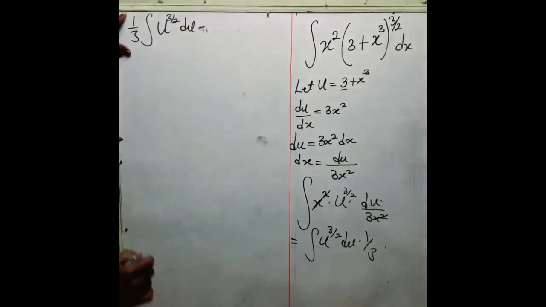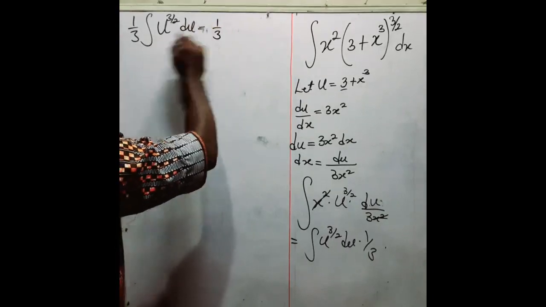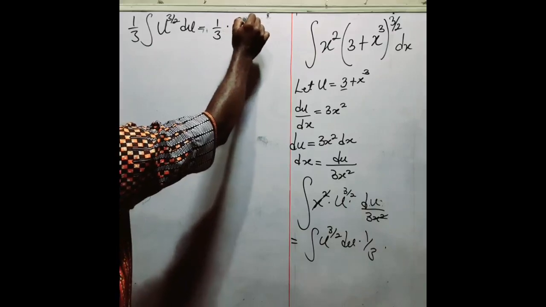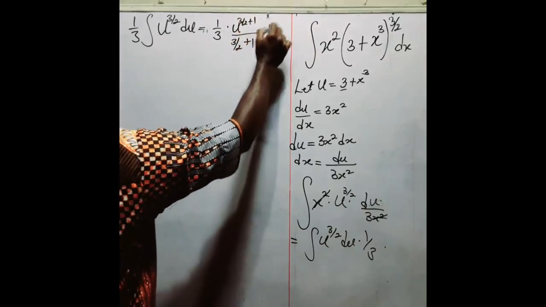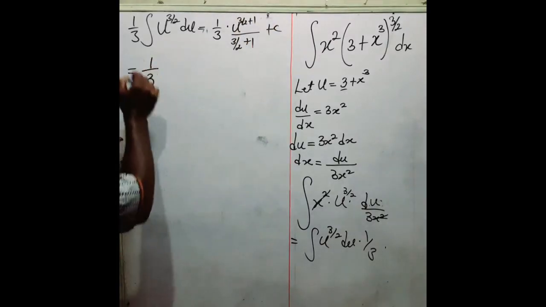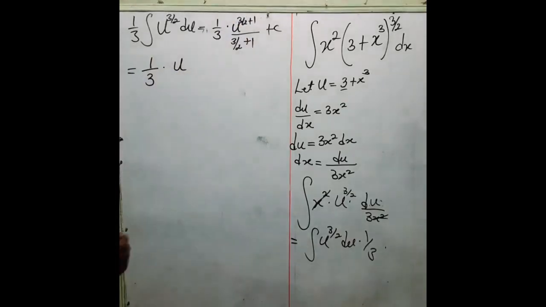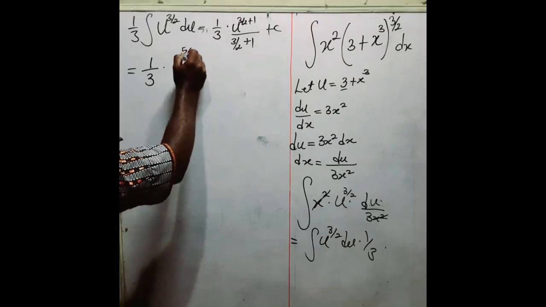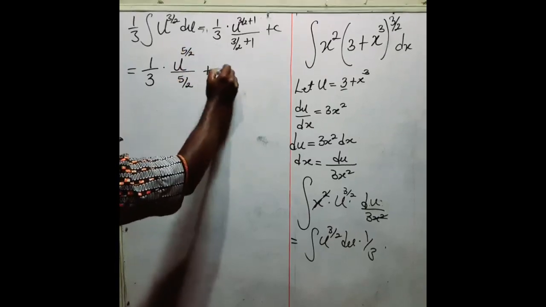Which will now give you 1 over 3 dot u to the power 3 over 2 plus 1 over 3 over 2 plus 1 plus c. So which will be 1 over 3 dot u to the power, this is 3 over 2 plus 1, the LCM is 2, to give us 5 over 2, over 5 over 2, plus c.